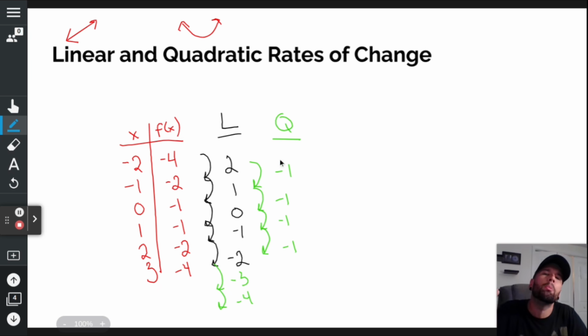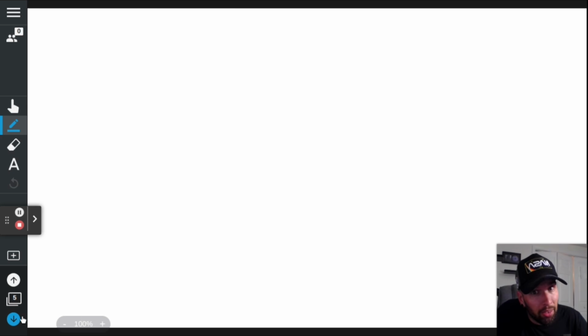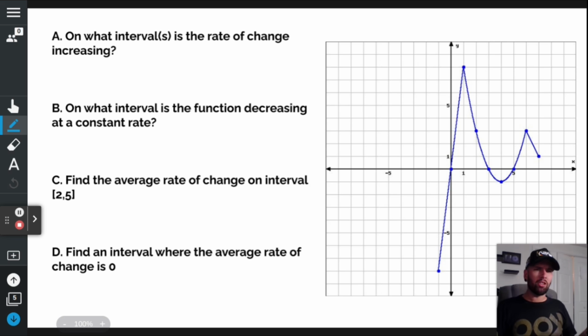So this would be considered the rate of change of the rate of change is the same. The verbiage is terrible. That's what makes this an AP exam. Rate of change of the rate of change. Actually, I think they say rate of change of the rates of change. I'm a math person for a reason. Words are not my thing. So let's just do a bunch of examples and see what we got.